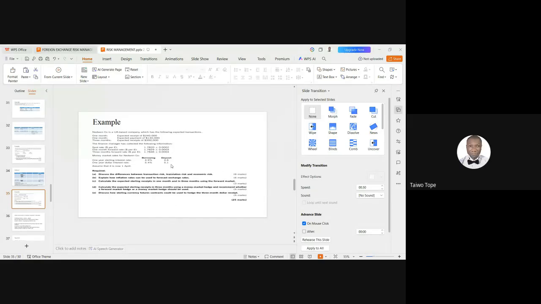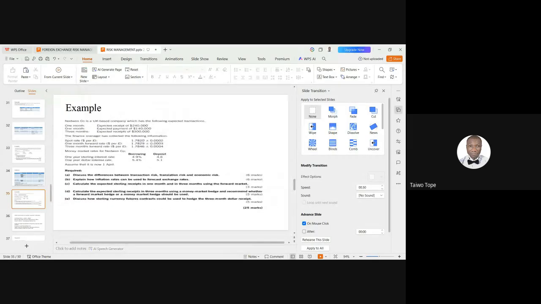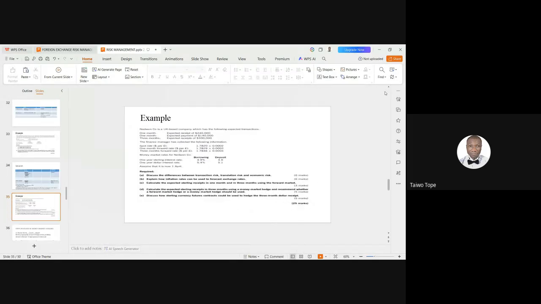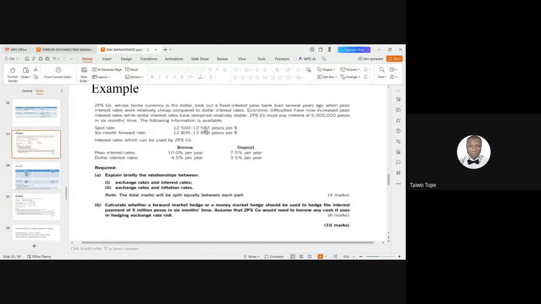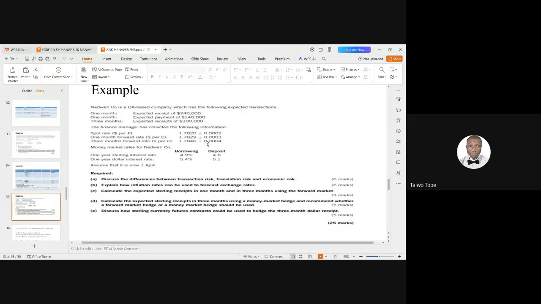So now I'm saying that when you see a question in this form, that spot rates dollar per pound is 1.7820 plus or minus 0.002, it's still the same thing.